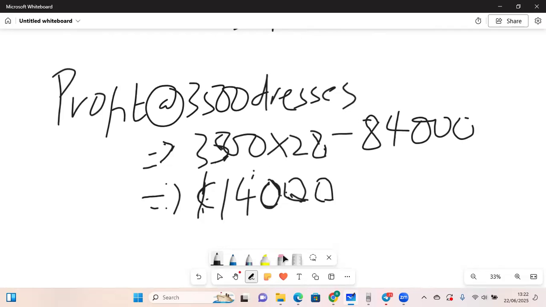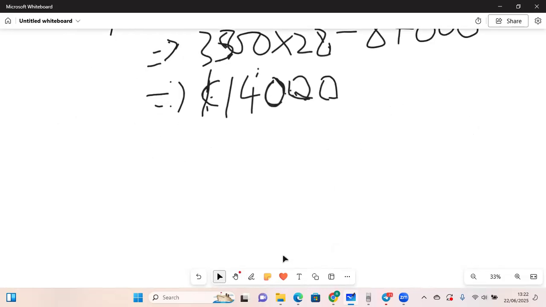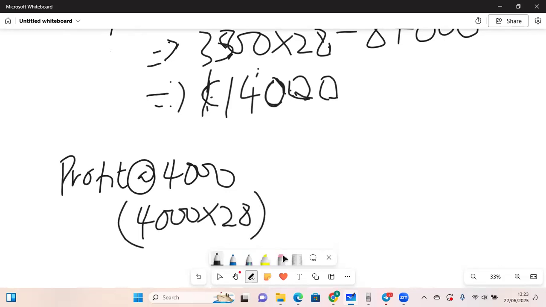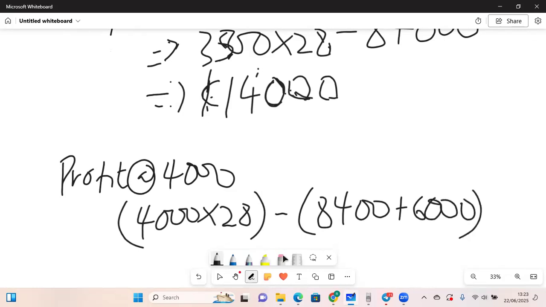Now let's look at after acquiring the additional space. When we acquire the additional space, we'll be able to sell 4,000. So this is what it is going to look like: the 4,000 times our contribution, minus our fixed cost, which is now going to be 84,000 plus 6,000, because we acquire an additional fixed cost.